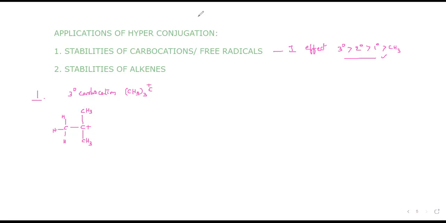This is one CH3, this is the second CH3, and the third CH3 I have expanded, right? The carbon with the positive charge is attached to 3 alpha hydrogens. This has 3 alpha hydrogens, this also has 3 alpha hydrogens, and this has 3 alpha hydrogens. Totally how many alpha hydrogens are there? 9 in total.